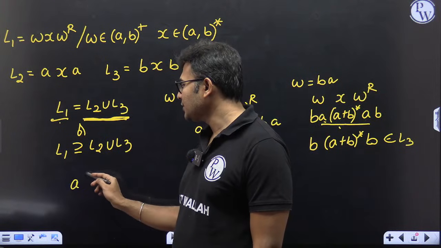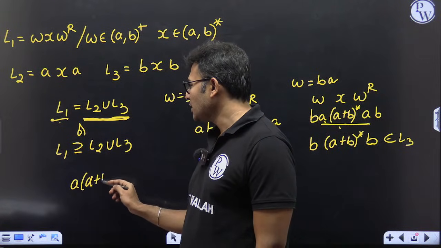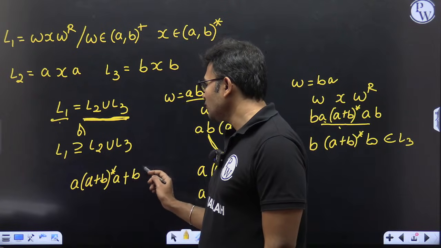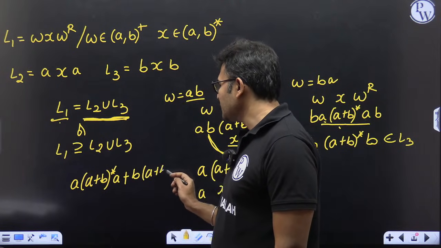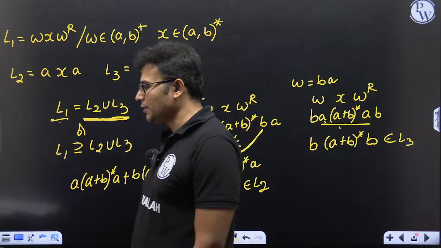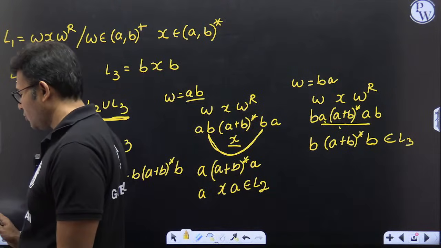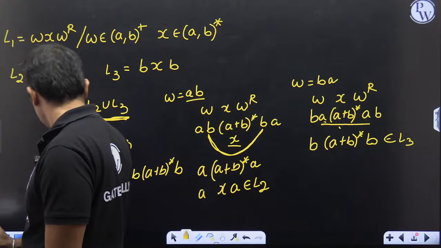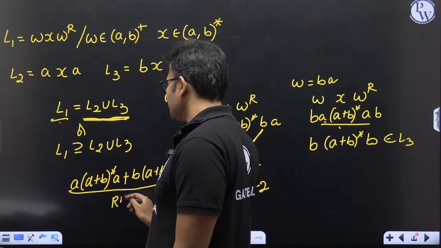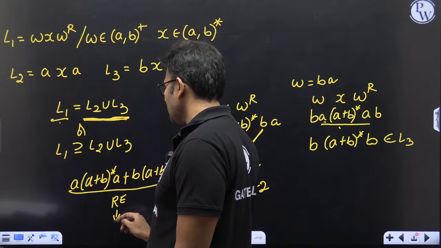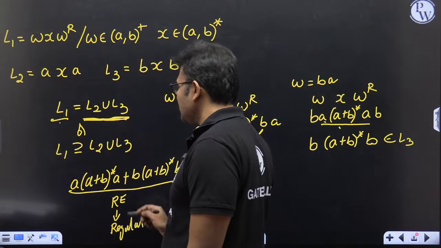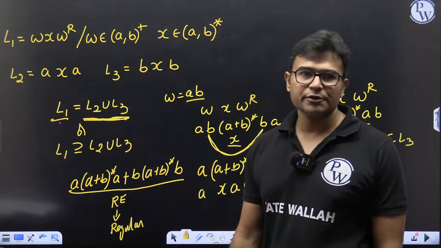It is A followed by (A plus B)star followed by A, union B followed by (A plus B)star followed by B. So this is a regular expression. So we can say that the language is regular.